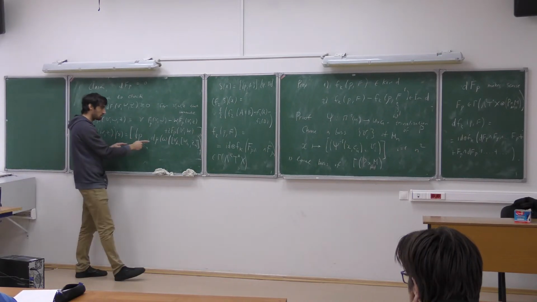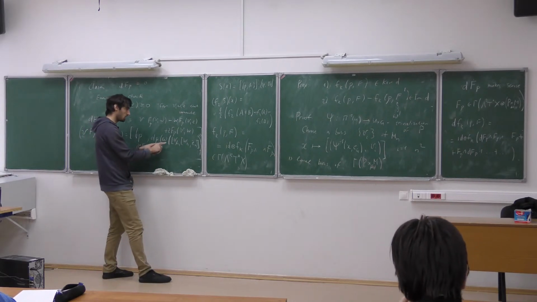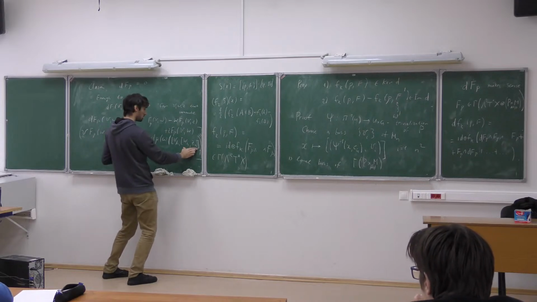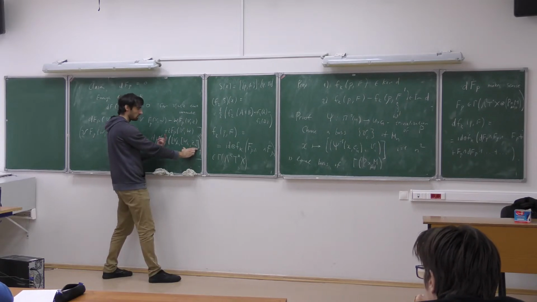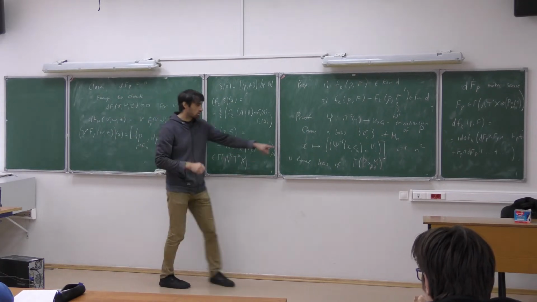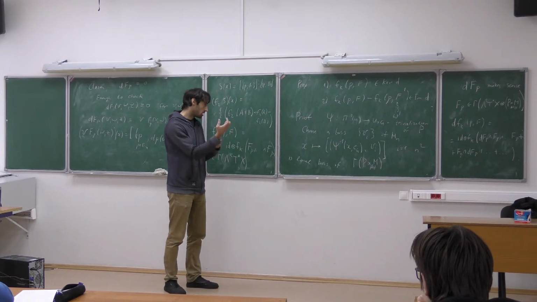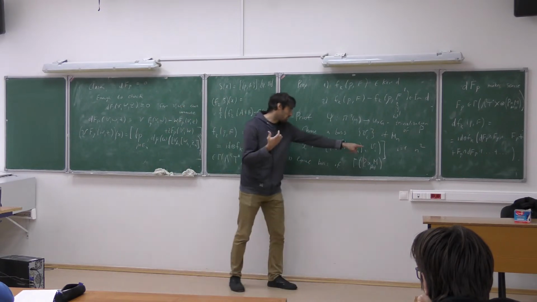Basically, once you fix p, this means that you take this commutator, which comes out of this, and consider its coefficients in the v_i's.